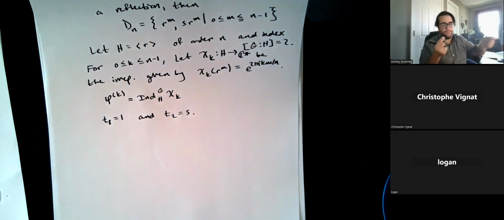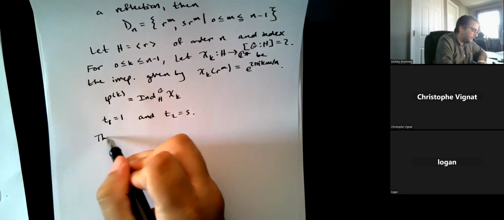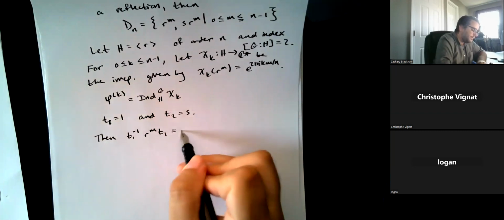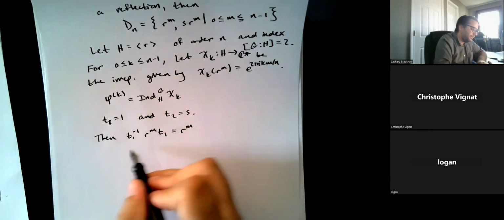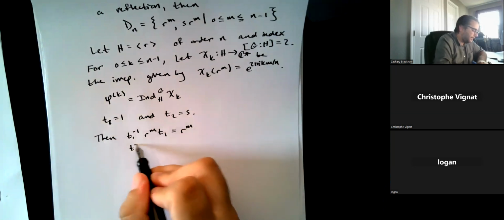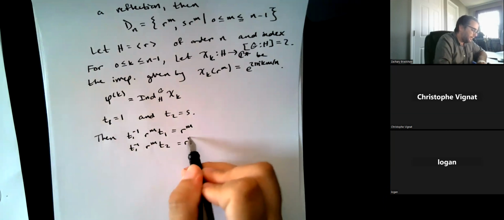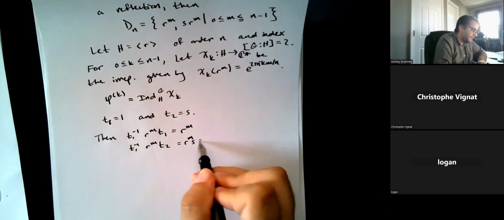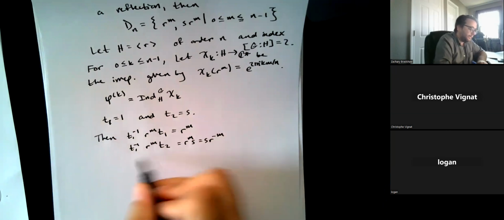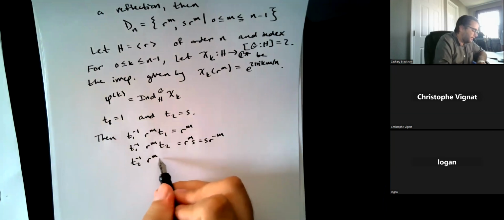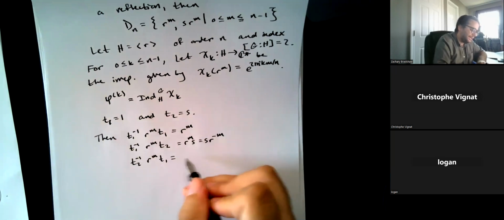Now I'm choosing those as my representatives. Then T1 inverse R to the m T1 is R to the m, and T1 inverse R to the m T2 is R to the m S, which is S R to the minus m. You could go through these and figure out what all these products end up being.